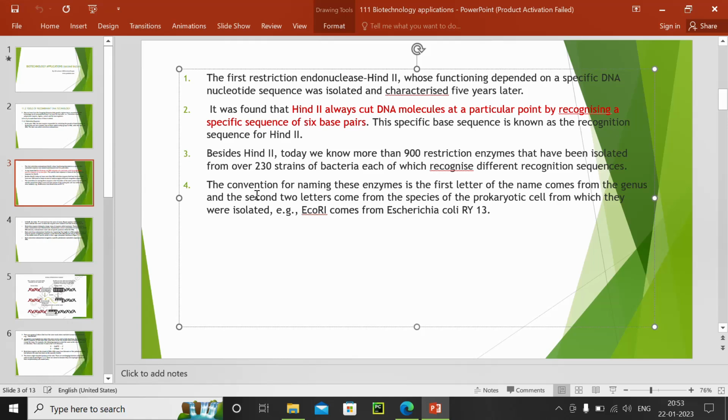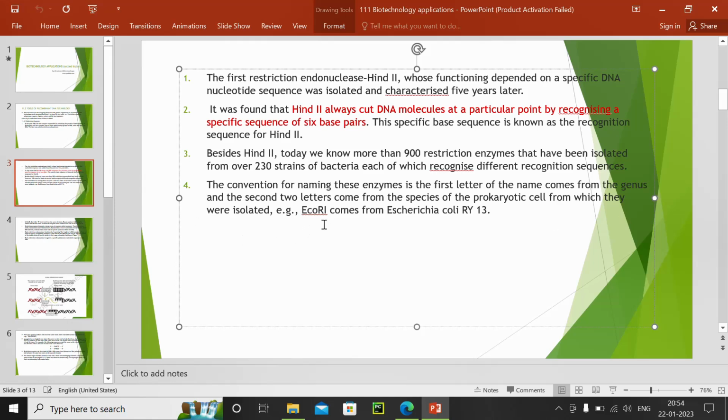The convention of the name of this enzyme is that the first letter comes from the genus and the next two letters come from the species. So the first letter comes from the genus, and the two letters after it come from the specific prokaryotic cell from which it got isolated.